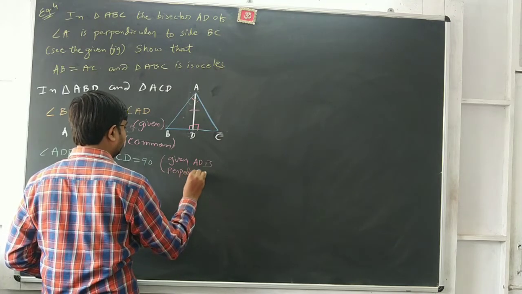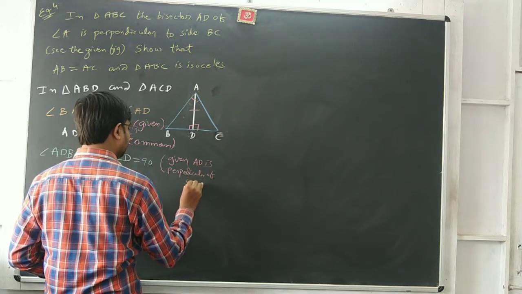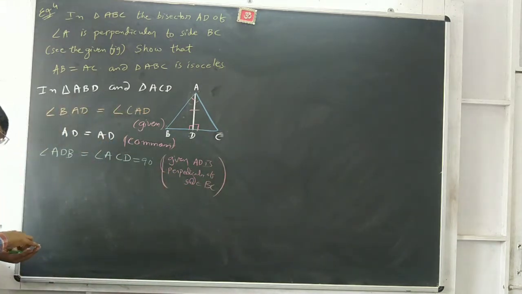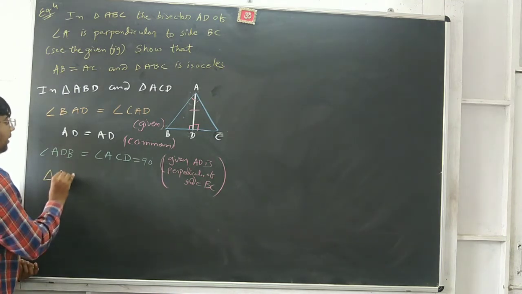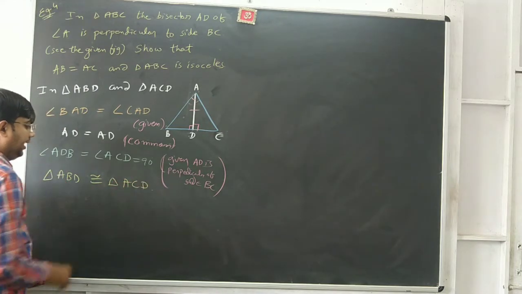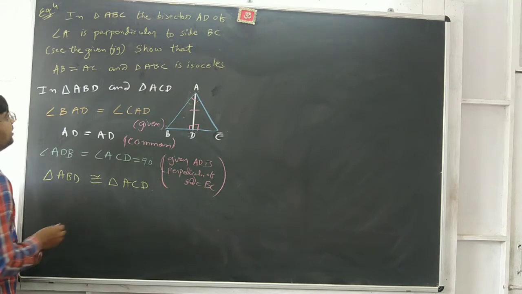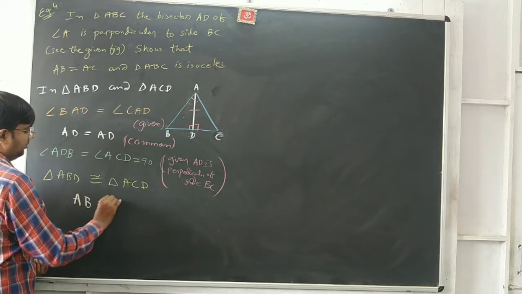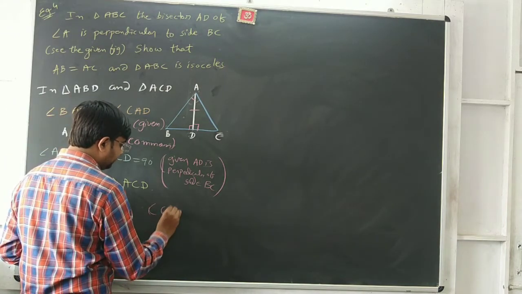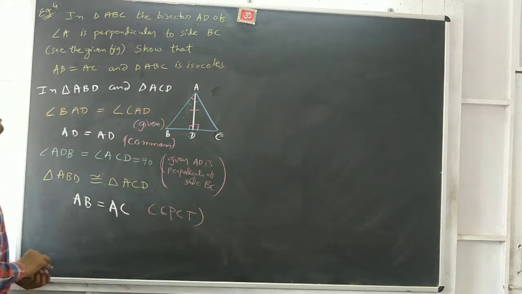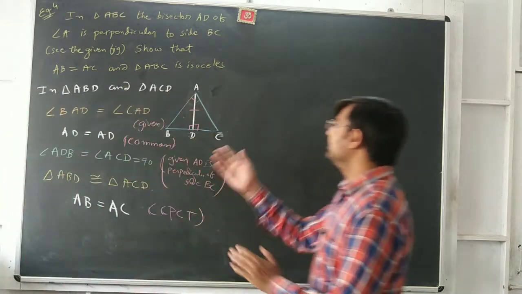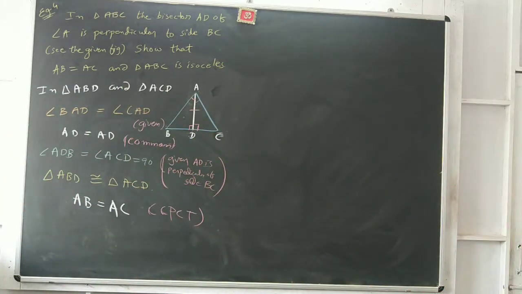So I can write triangle ABD congruent to triangle ACD. So I can easily write AB is equal to AC by CPCT. Got it? This is our example number 4. See carefully and write it down in your notebooks.